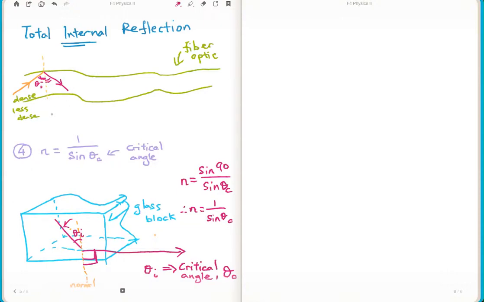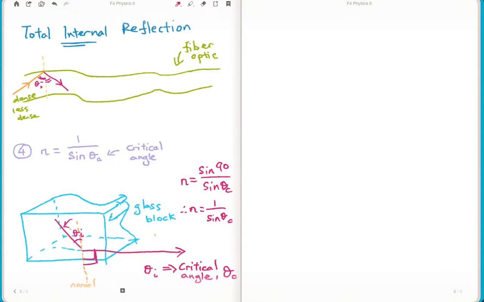Now you need to read more on total internal reflection if you don't get what it means. But the concept is always: when the angle in the denser medium, measured from the normal, is greater than the critical angle, then the ray will be reflected. Instead of refracting, it will be bounced back.